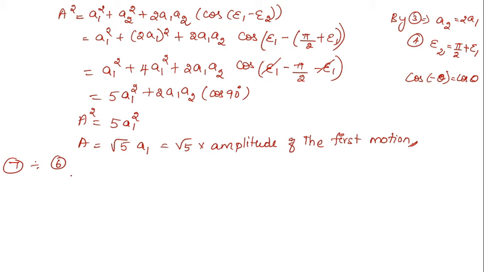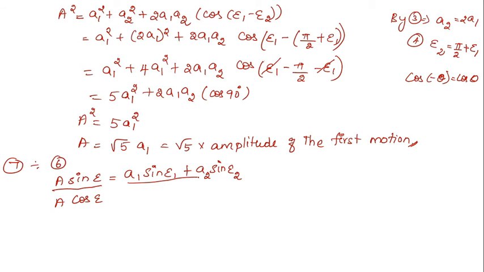So the seventh equation can be written as a sine epsilon, that is a1 sine epsilon 1 plus a2 sine epsilon 2, divided by a cos epsilon is equal to a1 cos epsilon 1 plus a2 cos epsilon 2. So a will get cancelled.